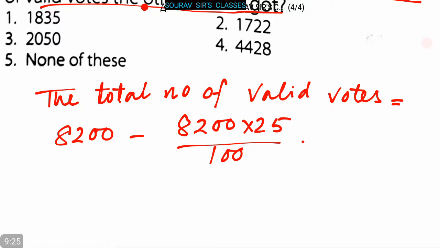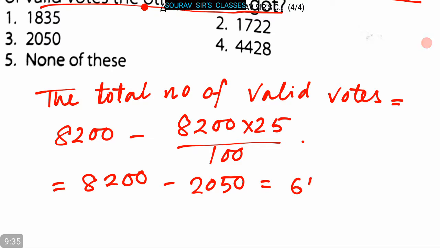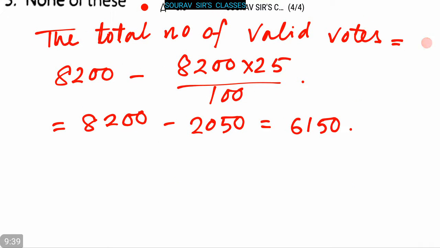Now this is equals to 8,200 minus 2,050, that is equals to 6,150.